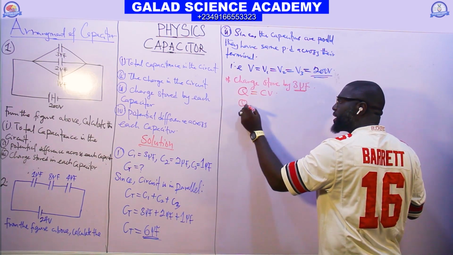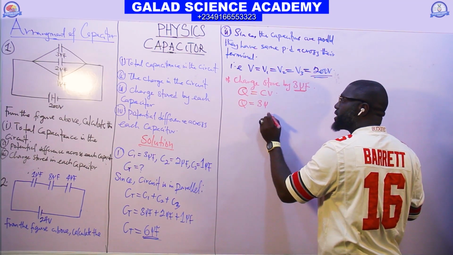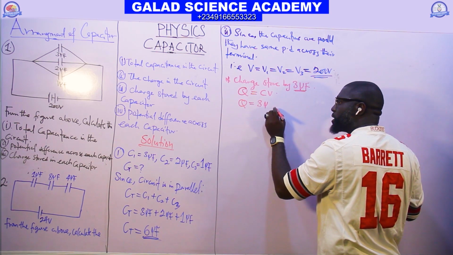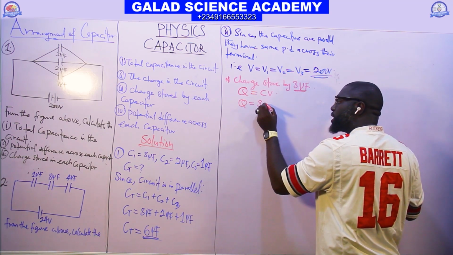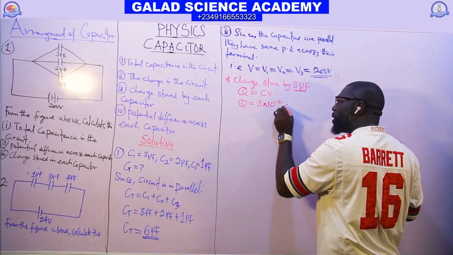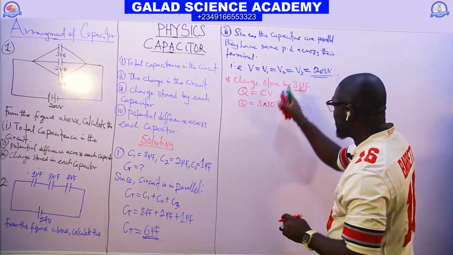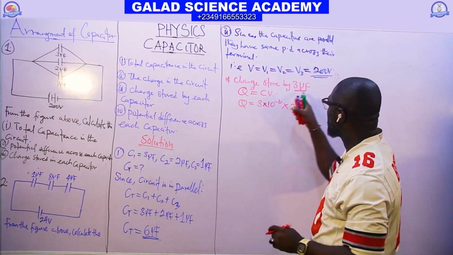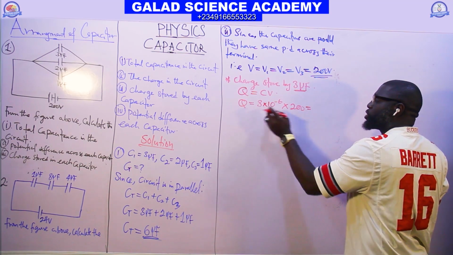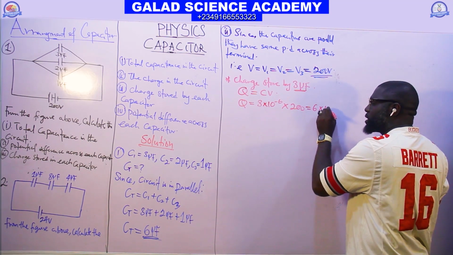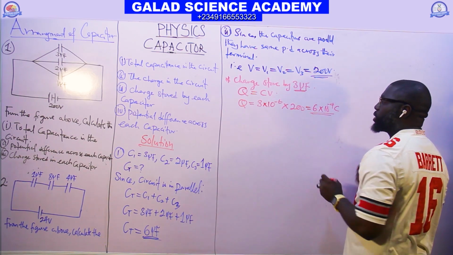So the charge stored by 3 microfarad will be: C is 3 microfarad, that is 3 times 10 raised to power minus 6, multiplied by 200. If you multiply 3 times 2, we have 600 times 10 raised to power minus 4 coulomb. That's for this one.